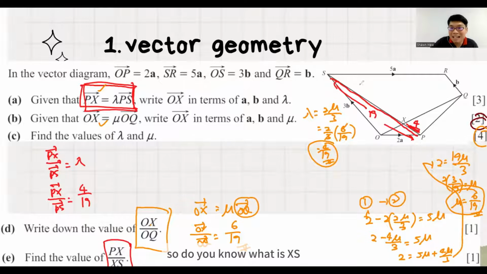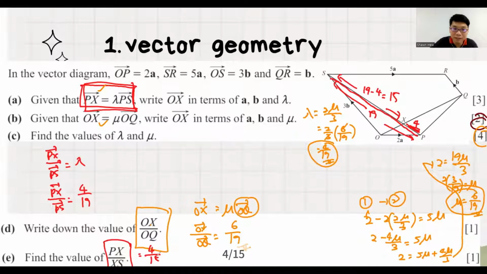So do you know what XS is? XS is 19 minus 4, which is 15. XS is 15, PX is 4, so 4/15. Just like that. This vector geometry is just this kind of question. So we'll proceed to the next part.